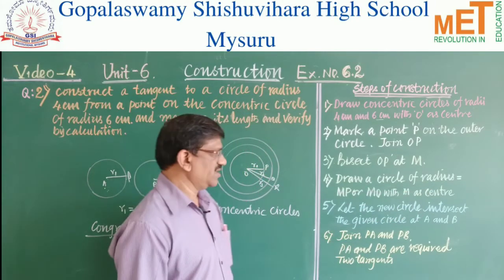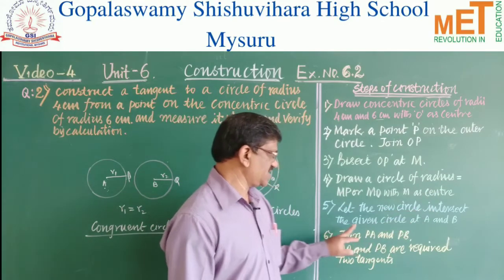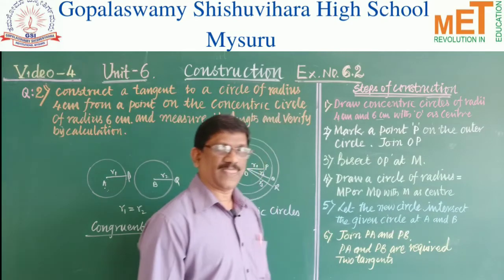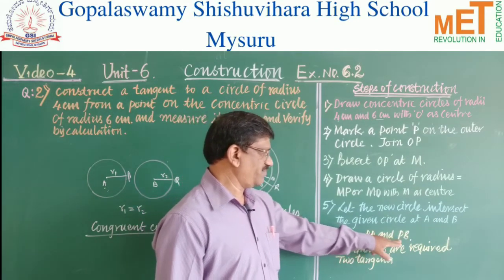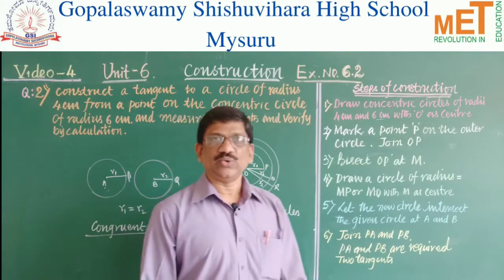It is the same. Next, let the new circle intersect the given circle at A and B. Next, join PA and PB.